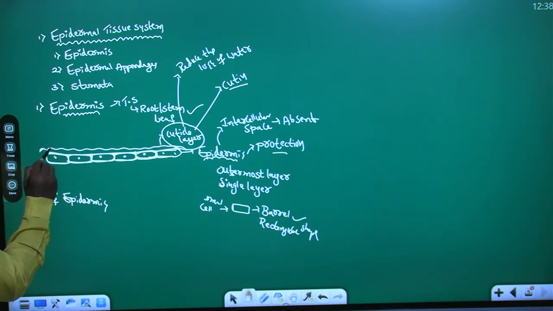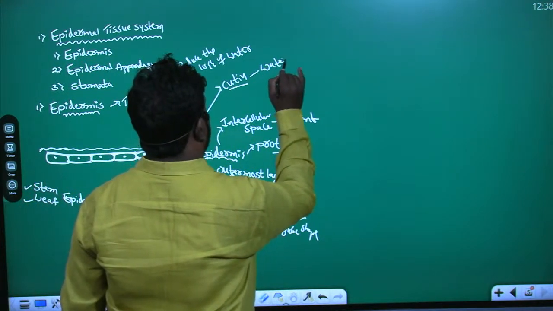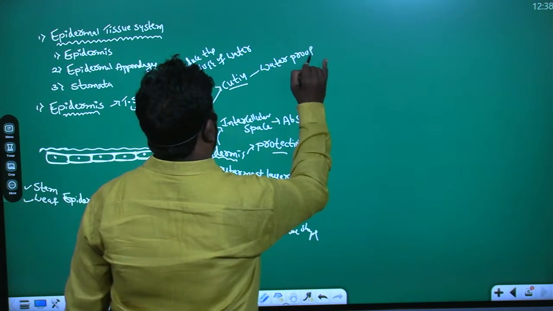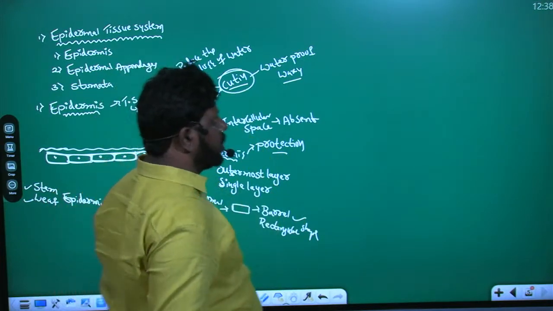This cuticle layer is present on the epidermis of stem and leaf, but it is absent in case of root. Root is present inside the soil, that's why there is no transpiration, no loss of water. That's why there is no need for a cuticle layer. So the cuticle layer is made up of waterproof waxy material, that is cutin.